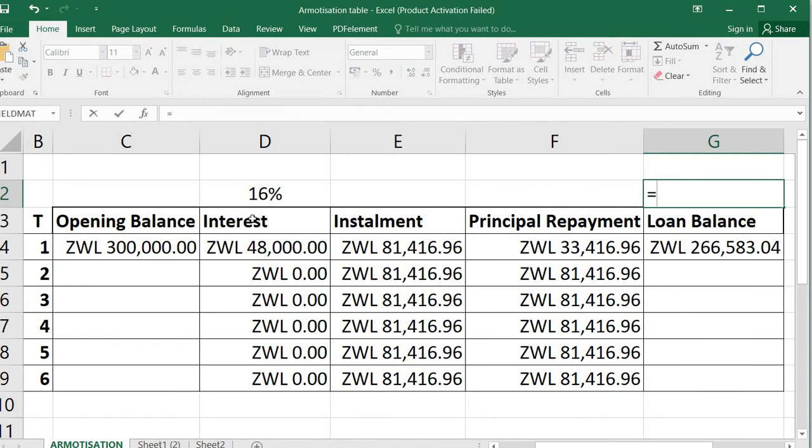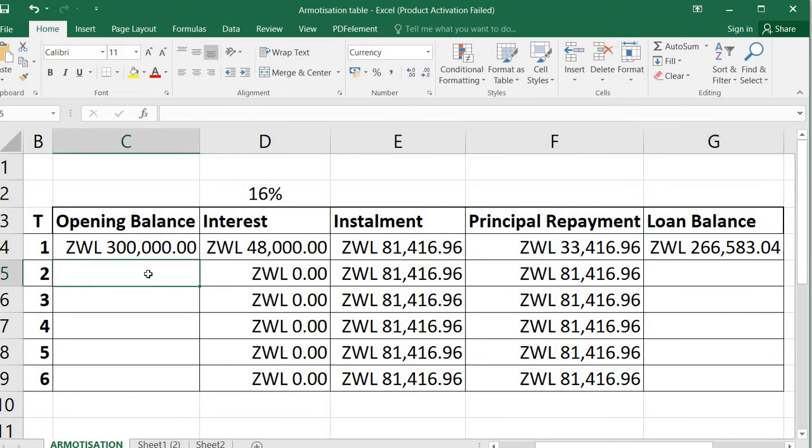Or it can be the opening balance plus the interest minus the installment, which is basically the same thing there, okay? It's the same thing. So if that is the answer, we know that as we begin year 2, the opening balance should be in that previous cell.